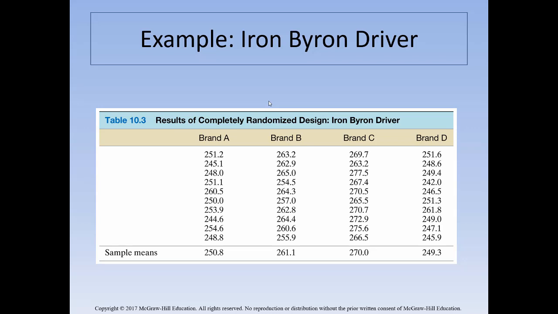We're taking samples of hitting 10 golf ball A's, 10 golf ball B's, 10 golf ball C's, and 10 golf ball D's, all done randomly. And this Iron Byron is a mechanical golf machine, which is named after a famous golfer.